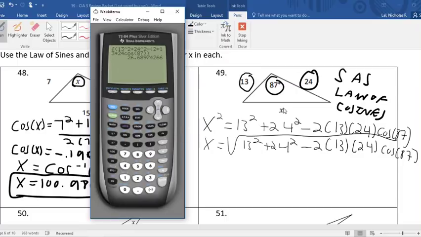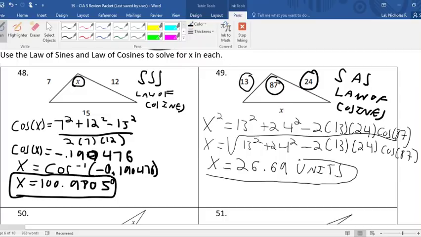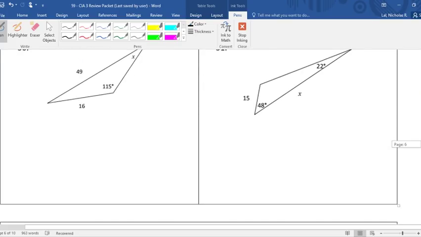That gives us an x value of 26.69. So x should have a length of 26.69 units. Alright, that's 49. Let's do 50.